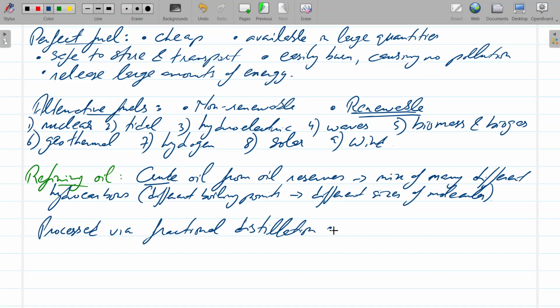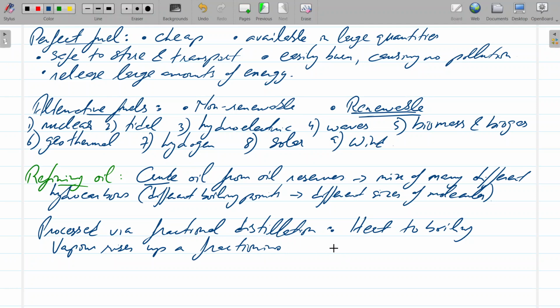Right, and basically what happens is that they heat it to boiling, and so the vapor rises up a fractionating column, right, where it's cooler as it goes higher, and condenses the different fractions.